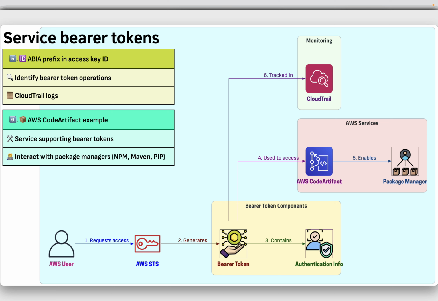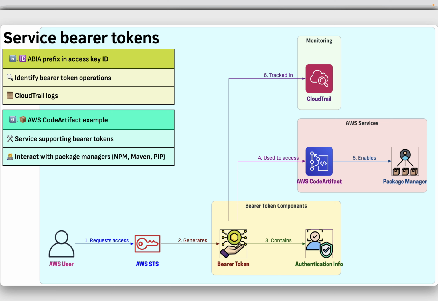AWS CodeArtifact is an illustrative service that supports bearer tokens, requiring them for interaction via package managers like NPM, Maven, or pip. So this is one example, CodeArtifact, where service bearer tokens are used.